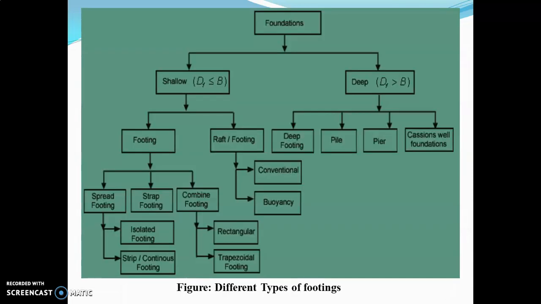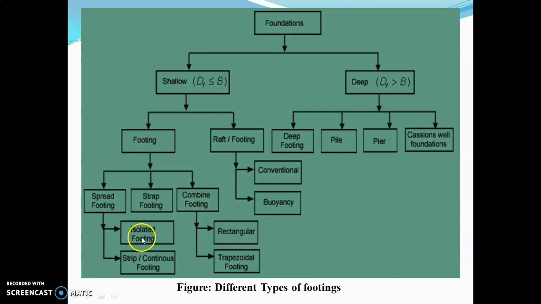Now the different types of footings are mainly classified like this: shallow foundation and deep foundation. In shallow foundation, depth of the footing is less than or equal to width of the footing, and in deep foundation, depth of the footing is greater than the width. Under shallow there are footings and raft footing. Under footing: spread footing, strap footing, combined footing.